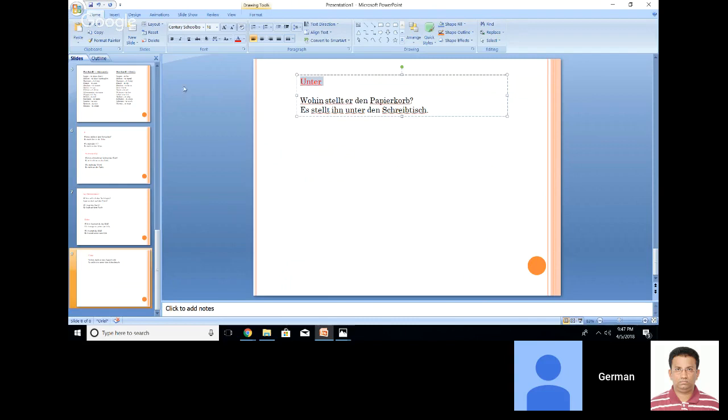Papierkorb is dustbin. It is being kept under the writing table. Okay, there is an action involved. That's why wohin is the question, and we answer it in accusative case.